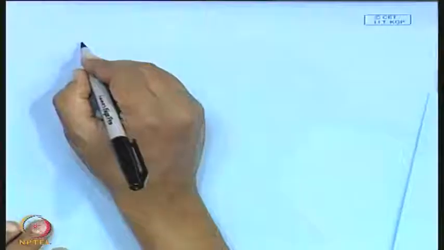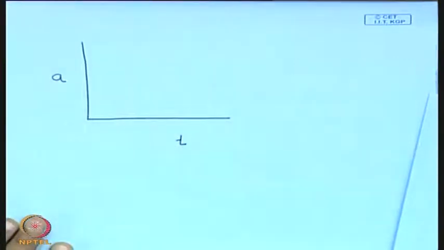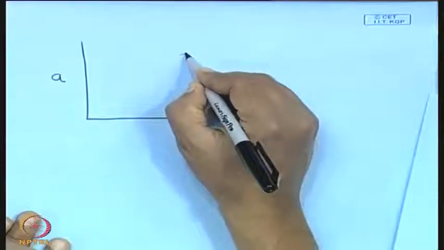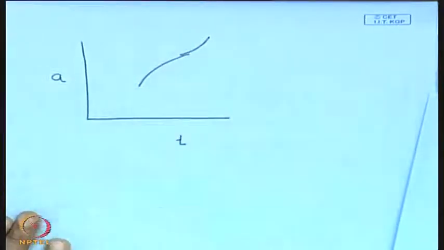If I plot the scale factor as a function of time, the second derivative is positive if it is accelerated and negative if it is decelerated. Positive second derivative means like this and negative second derivative means like this.